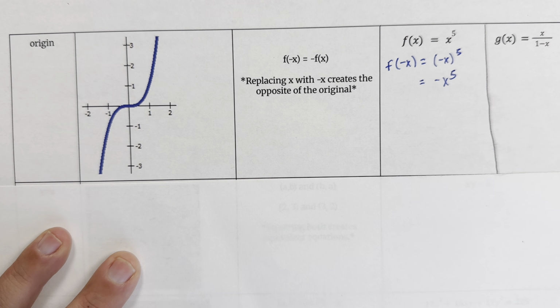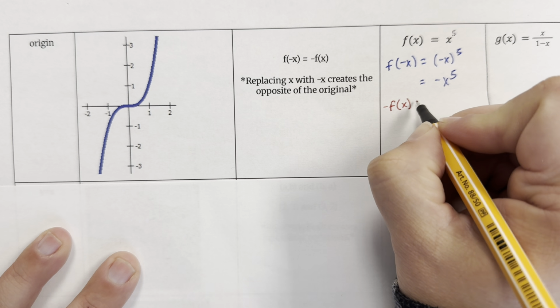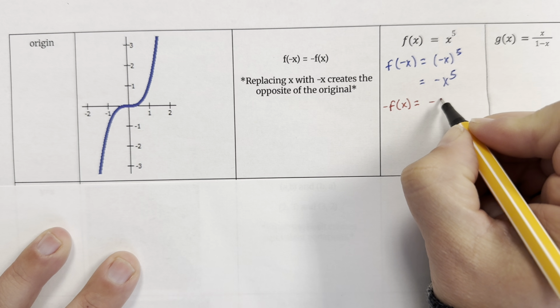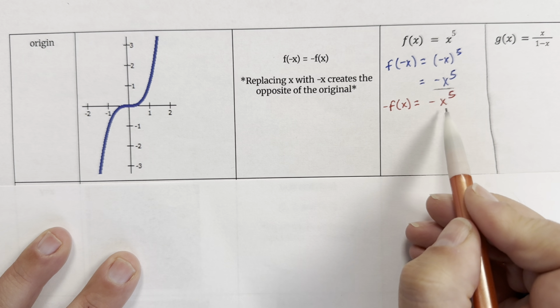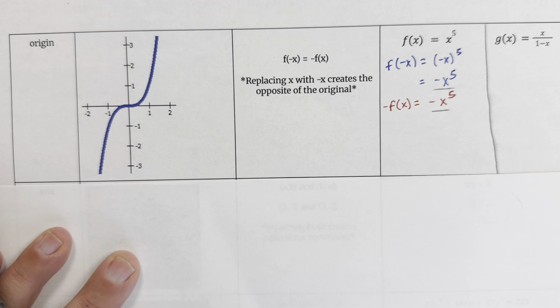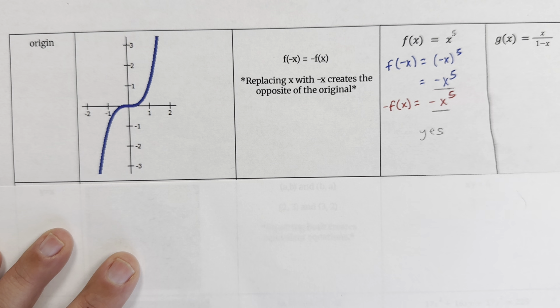So that would be the answer there. And then I'm going to test, what if instead I just make the whole function negative? I would end up with that. And we'll notice our two ends here, they are equal. So we could say that, yes, we are symmetric across the origin.